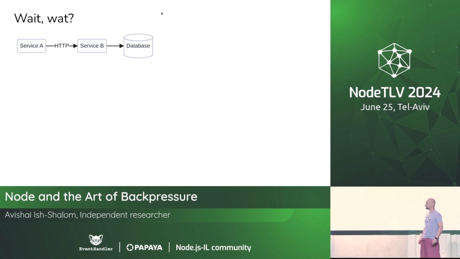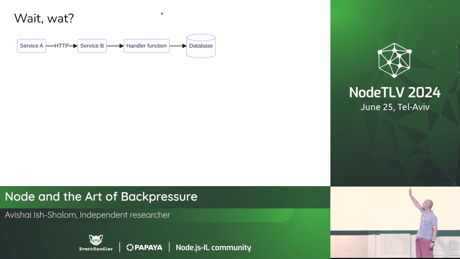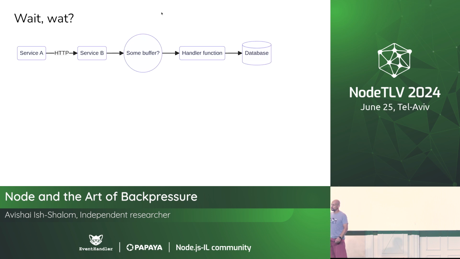If you zoom into this kind of system, in between service A and the database, there is the handler function, where your code is actually executed and where you actually do stuff. And between service A, service B, and the handler function, there is some buffer. The requests have to be there before the handler actually executes them. So where is that buffer?